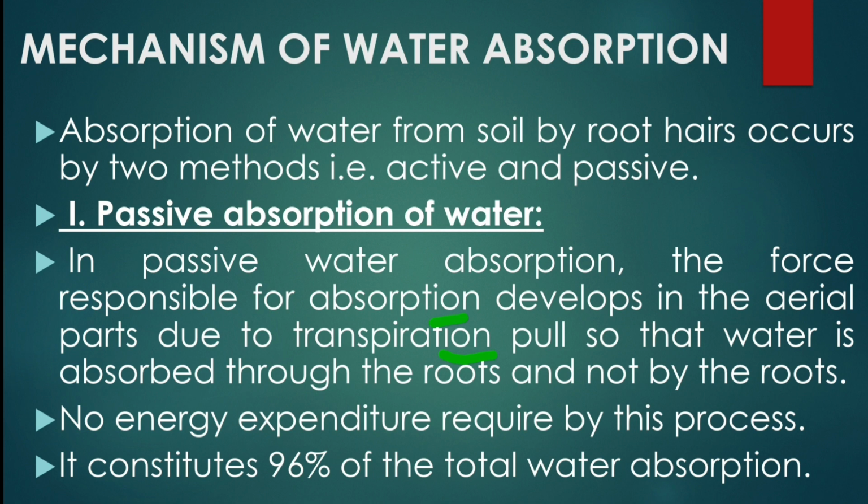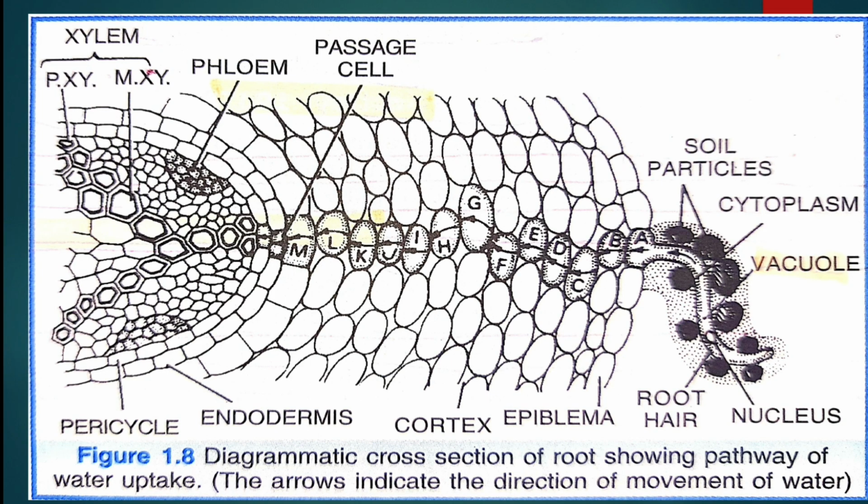Due to transpiration, water scarcity occurs in the leaf part. Due to this, water is pulled into the plant and finally reaches the top of the plant. So it is the transpiration pull which causes the water movement into the plant and to the top of the plant. This is the diagrammatic cross section of a root showing the pathway of water uptake.